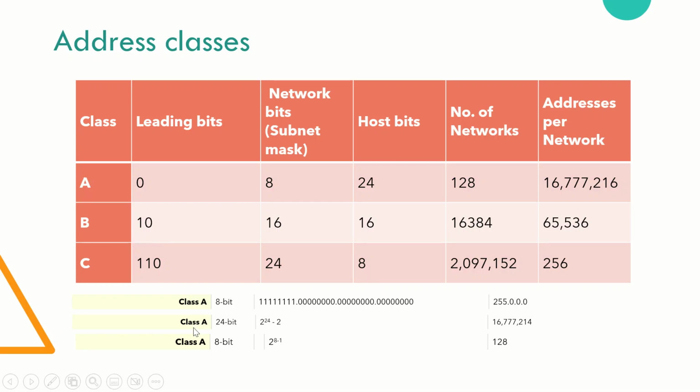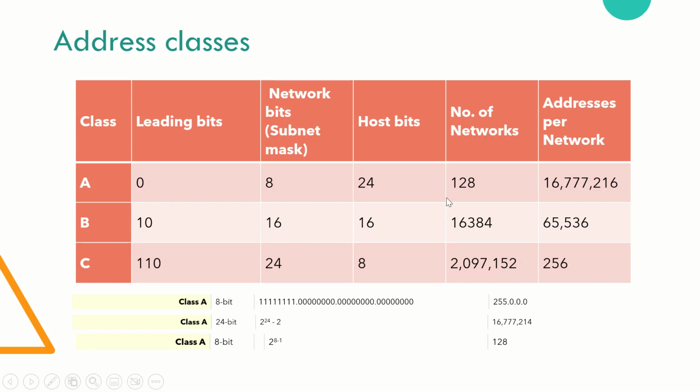In class A, as you can see here, we have only 8 bits. 1s here belong to the network, and the rest of them are 0. This is 8, 8, 8, and it should be 24 host bits or host portion.